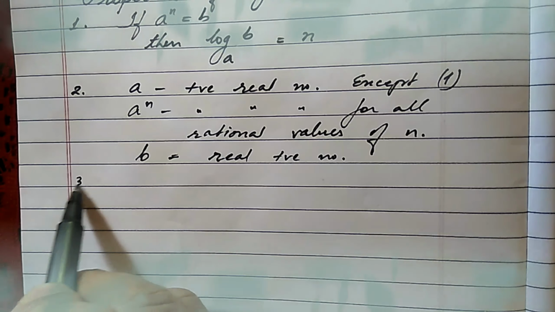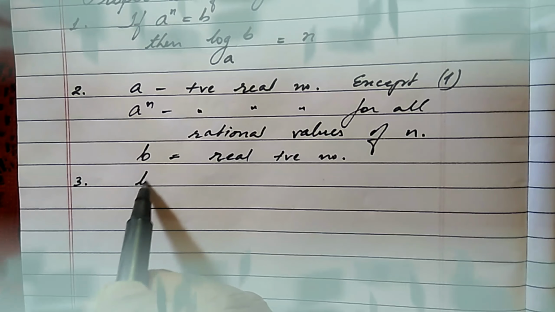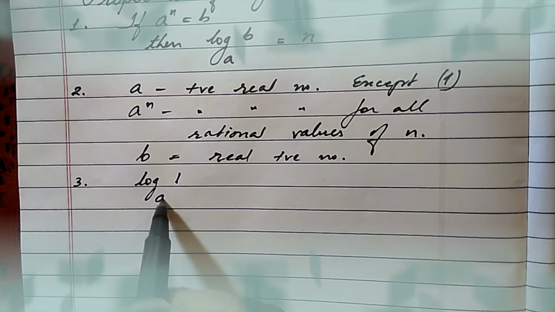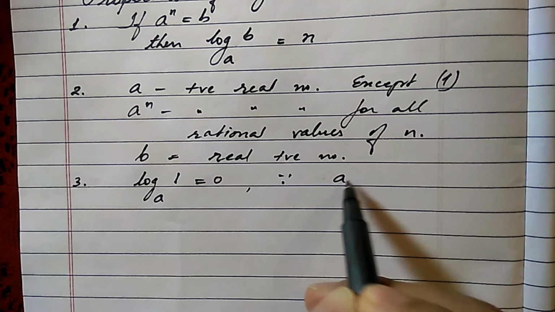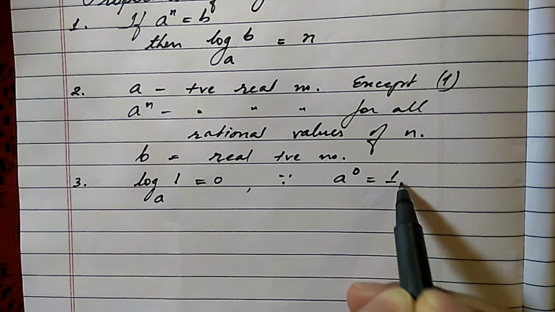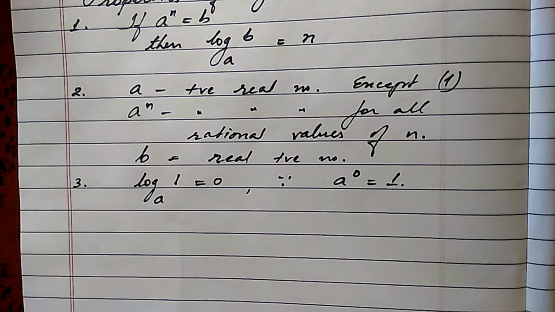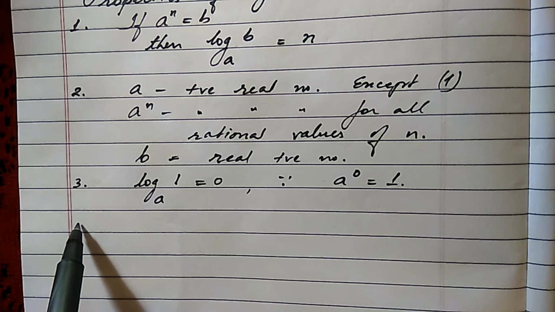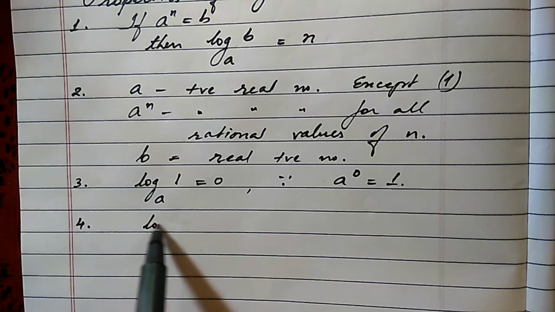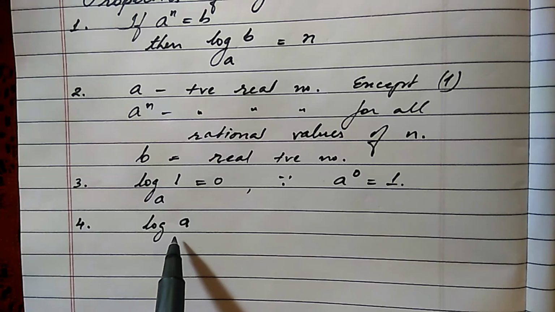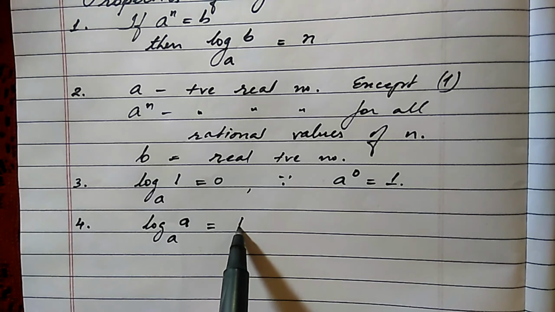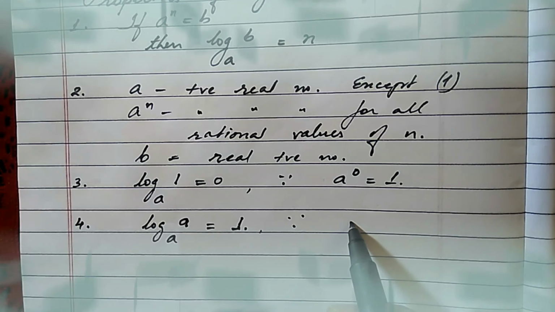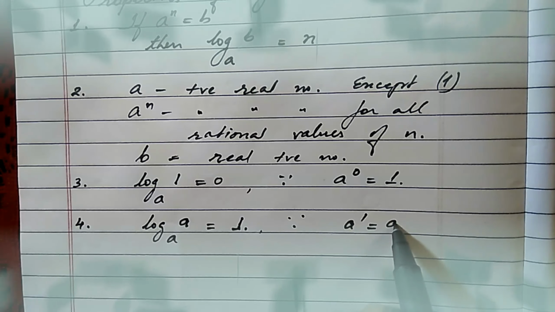Next, number 3. Log of 1 with base a is equal to 0, since a to the power 0 is equal to 1. Again, a is a real number except 1. Similarly, log of a with base a is also equal to 1, since a to the power 1 is equal to a.